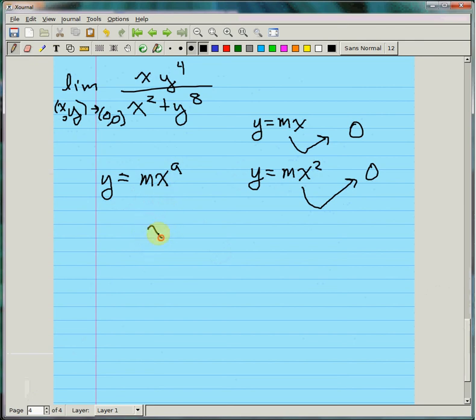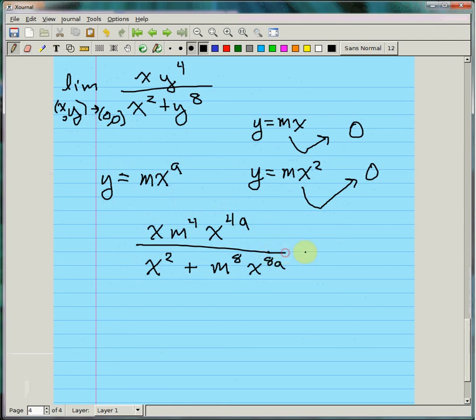Then on top we get x times m to the 4th, and this becomes x to the 4a, and on the bottom this is x squared, it just stays x squared, and now this becomes m to the 8th power, and we've got x to the 8a.